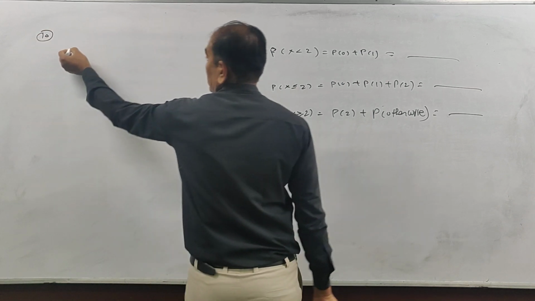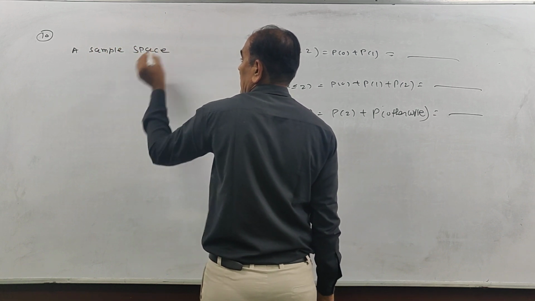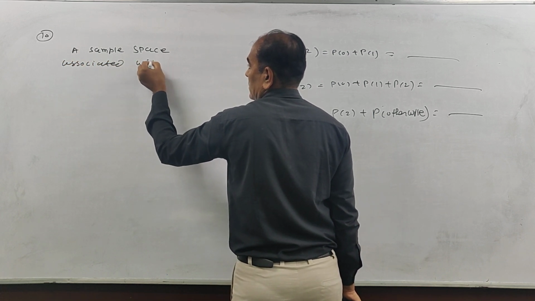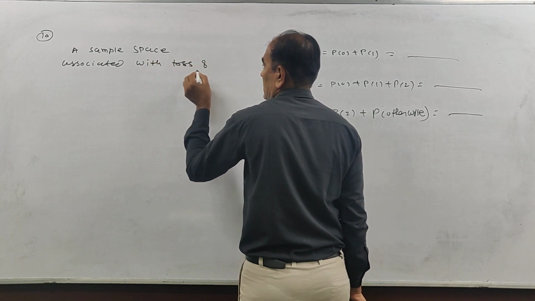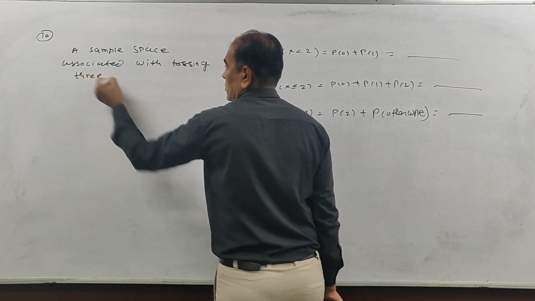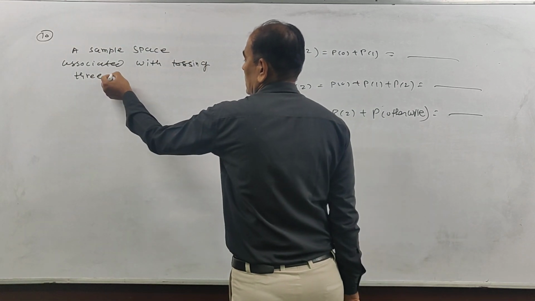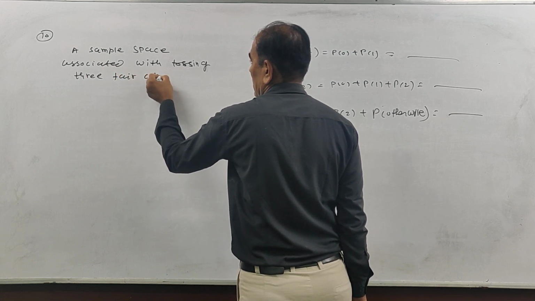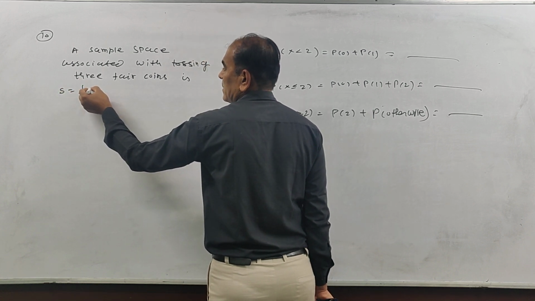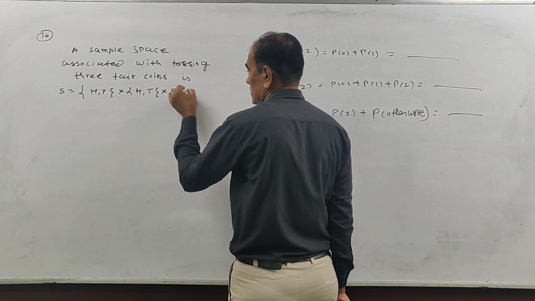Example number 10. The sample space associated with tossing 3 balanced coins is, please tell me, HHH, HHT and so on.